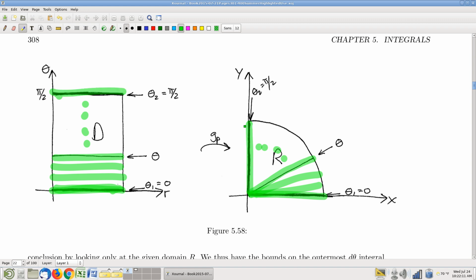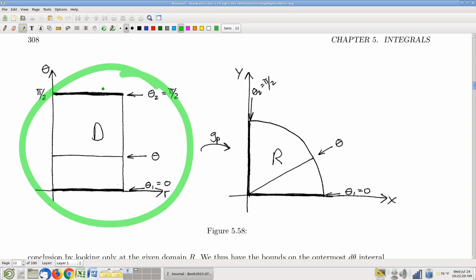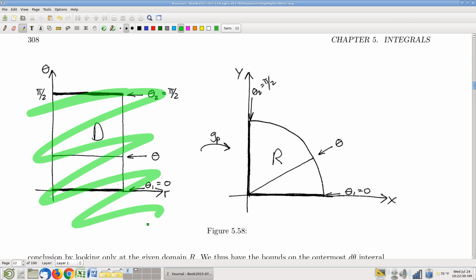So look, if you feel the need to, I suppose you could actually draw this pullback domain and then, in a nice and familiar rectangular fashion, find what the bounds are. But it's so much easier to say, look, I don't need that picture. I can see right here that theta starts at 0, and I know what theta slices look like.